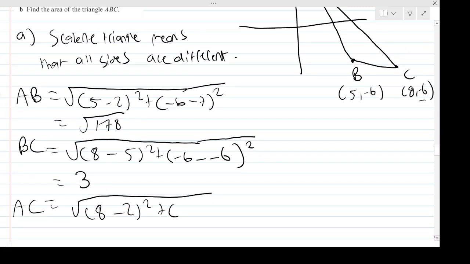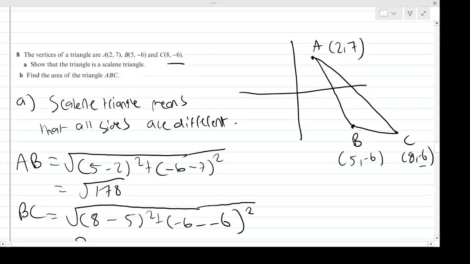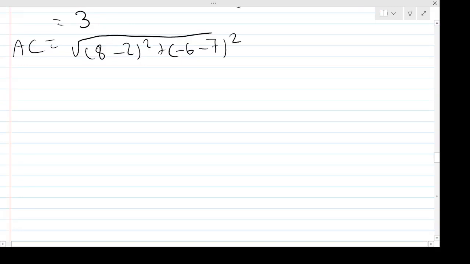So minus 6 take away the other y value at A, which is 7, and that'll be squared. Therefore, put all that in the calculator. I'm going to get 8 take away 2 all squared, plus minus 6 minus 7 all squared. I get root 205.